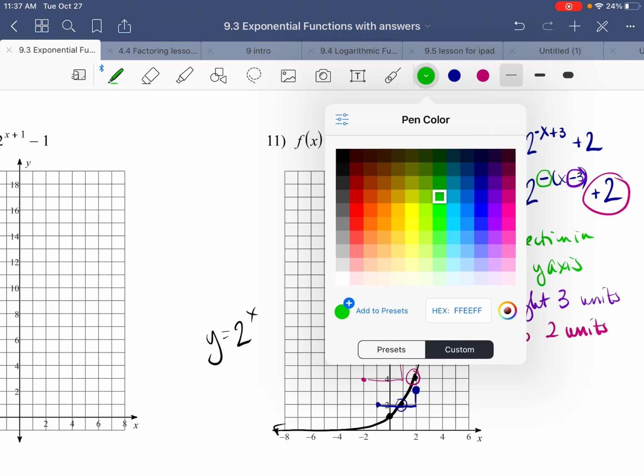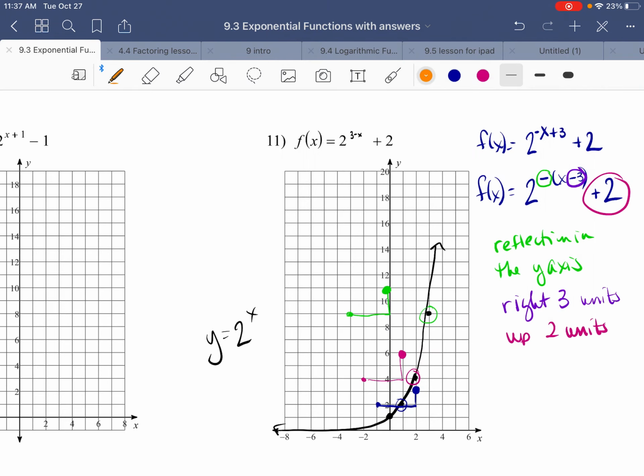And then the last one, I'll make it orange, I guess, is this one that doesn't get reflected because it's on the axis, but I still need to move it right 3 up 2. Oh, I forgot. I didn't move the blue one correctly, did I? Right 3 up 2. And then my horizontal asymptote has to also move up 2 units.